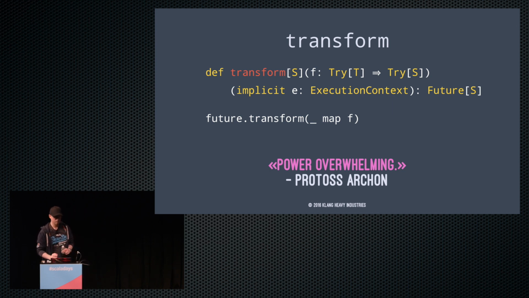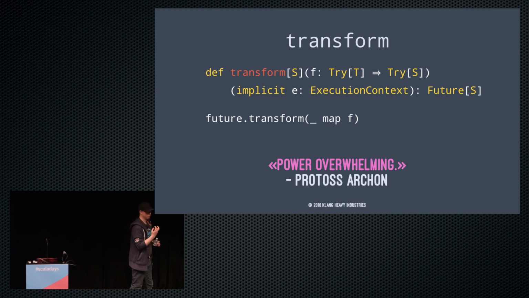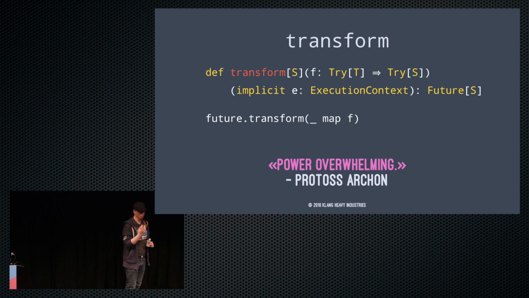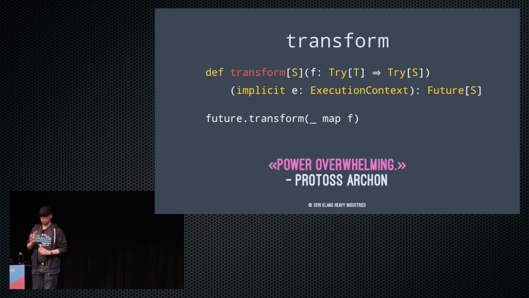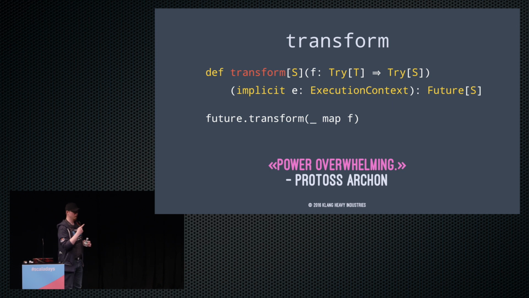So all you future aficionados that have read the Scala Future documentation over and over and over again, you might know that there is already a method called transform before, right? But that transform is more clunky. It takes a function from the result type and then sort of like a bimap, transforming an exception case and transforming a success case. This version of transform is strictly more advanced.